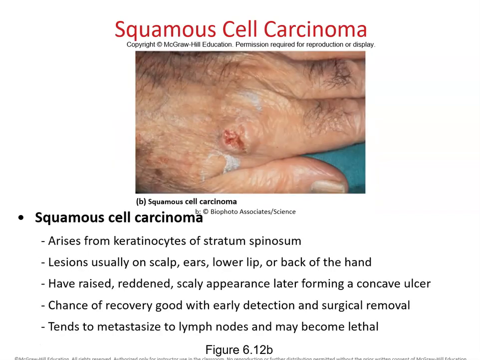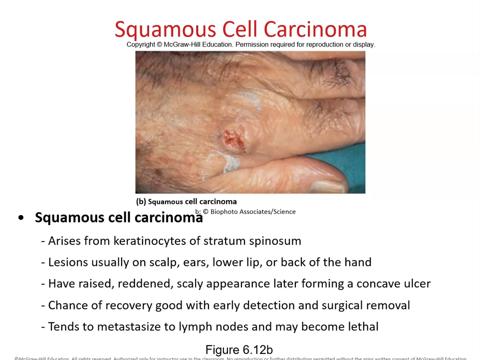Our next type of skin cancer is called squamous cell carcinoma. So this comes from the keratinocytes, and specifically from the stratum spinosum, those spiny-shaped cells. We see this in places with lots of sun exposure. The scalp, if you part your hair along that part in your hair after years and years of sun exposure, we can see these lesions there.